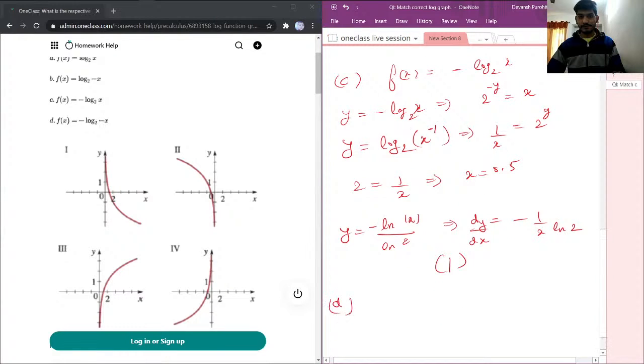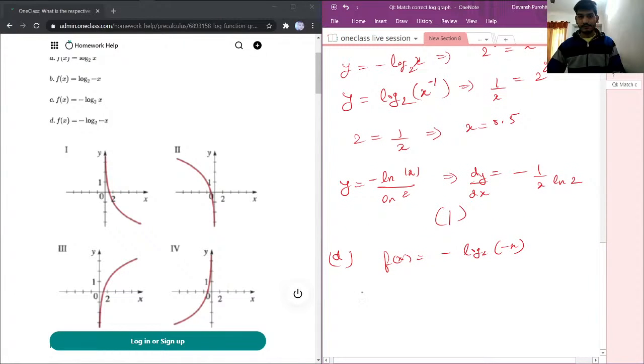Then for the last one, D, we have f of x as negative of log base 2 of negative of x. So again, we'll go with the same procedure, y equal to negative of log of negative of x. This will become y equal to log of negative x power minus 1. Here we are using the property of log.